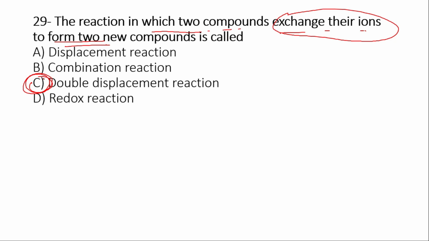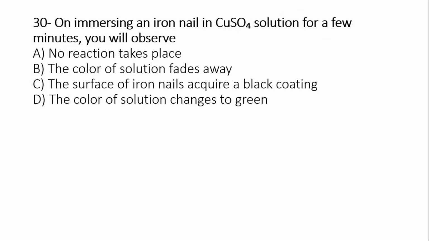Moving to the last question of the day, question number 30. We have already done this type of question in the theory sessions. Whenever an iron nail is immersed in CuSO4 solution, after a few minutes, what will we observe? See, CuSO4 is basically blue in color, right?